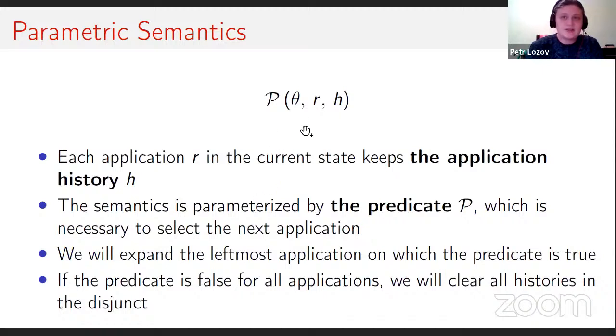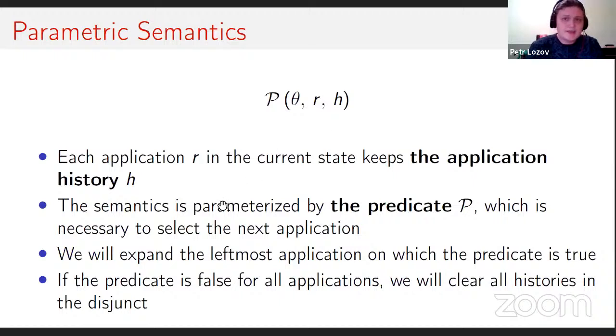This order is determined by the parameter, the predicate P. This predicate takes substitution theta, relation application R, and application history H. The application history H is a list of the applications that gave rise to the application R. At each step, we choose the leftmost application for which the predicate is true.